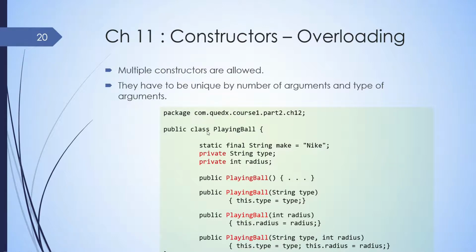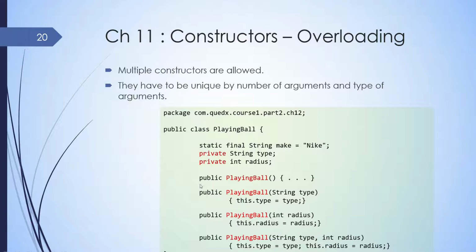We have a PlayingBall class and it has type and radius. Now we need to initialize type and radius when we create an instance. Constructors will allow you to do that.